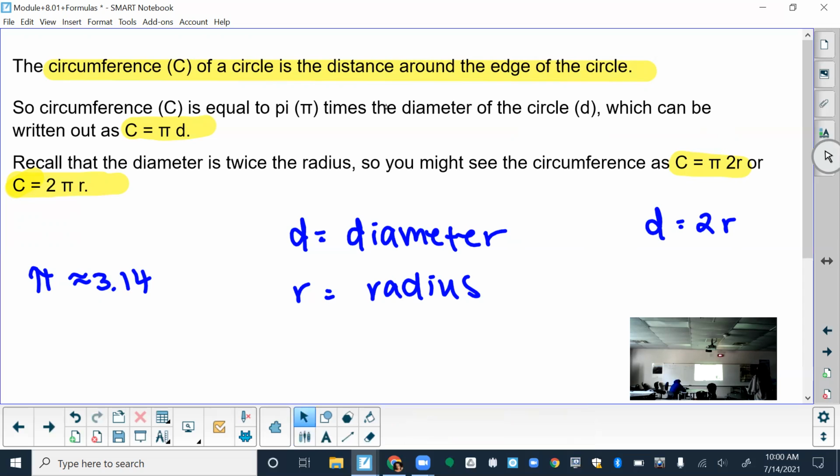So whatever the instructions say to put your answer in terms of, put it in terms of that. Sometimes it says use 3.14 for pi, so then put 3.14. Sometimes it says put it in terms of pi, which we'll talk about when we get to that example. Questions so far?